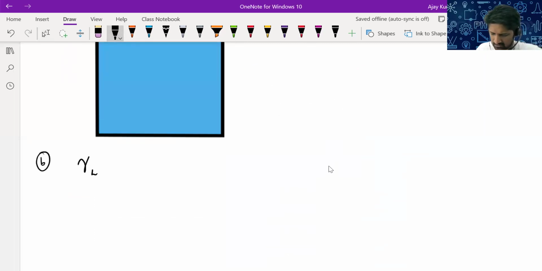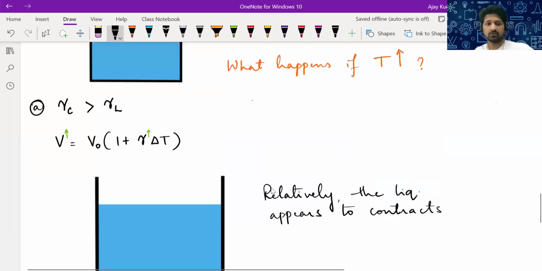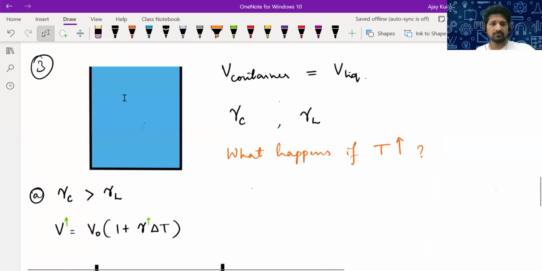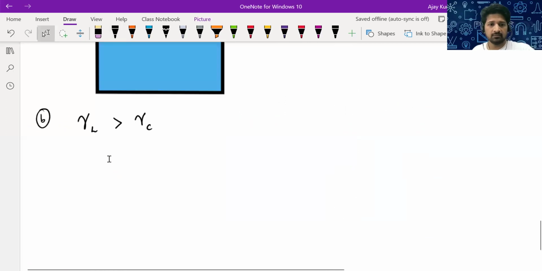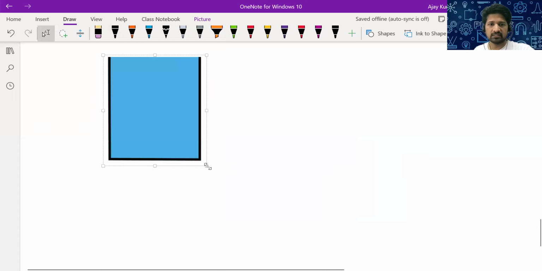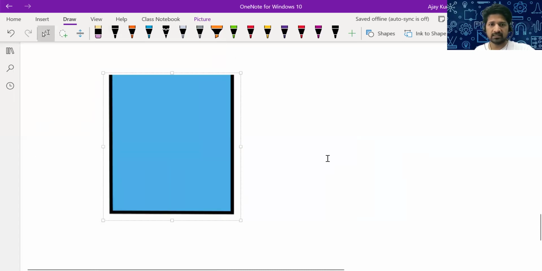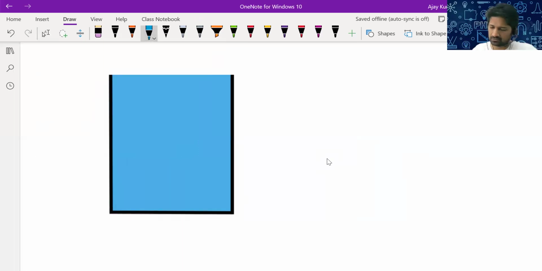Suppose gamma of liquid is greater than gamma of the container. In that case, liquid will expand more than container. Both of them will expand, but one expands more than the other. So liquid expands more than container. Container cannot hold excess liquid. So what will happen? You will see some liquid overflowing.